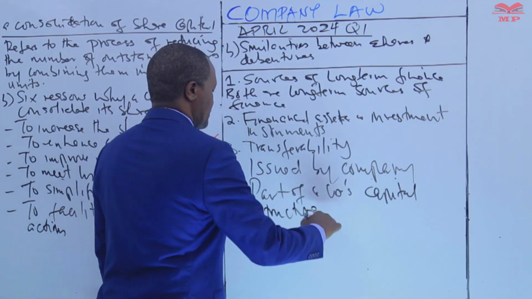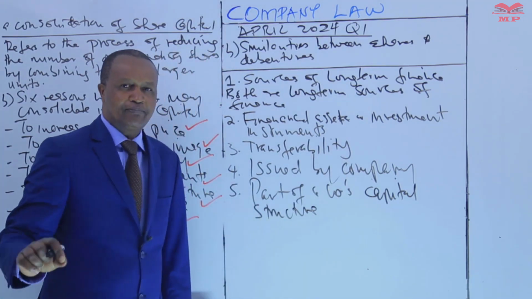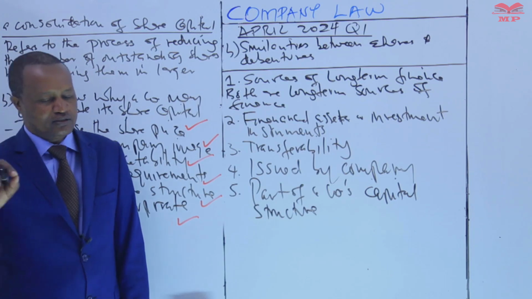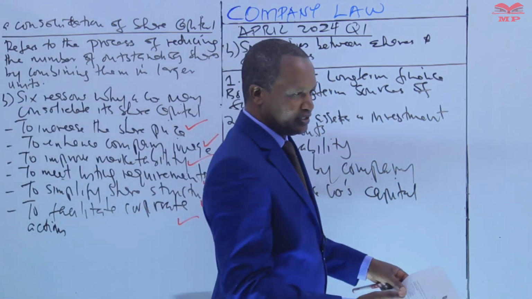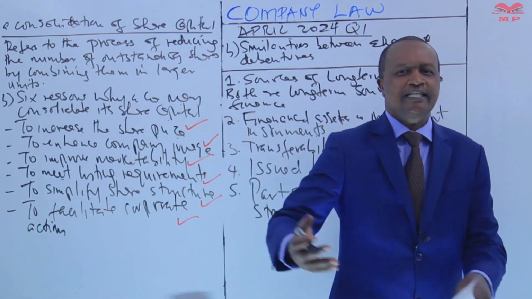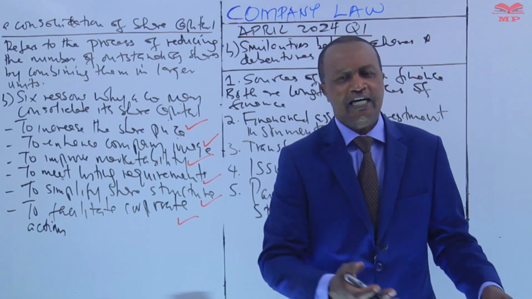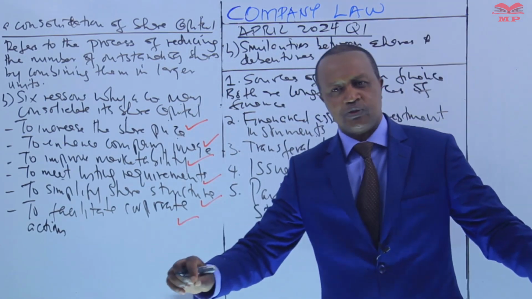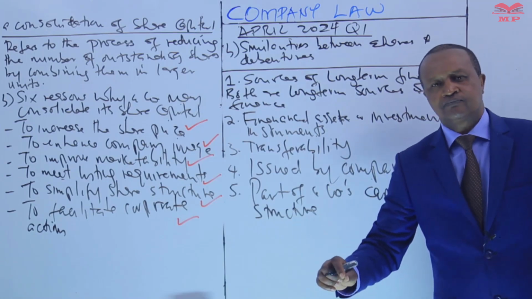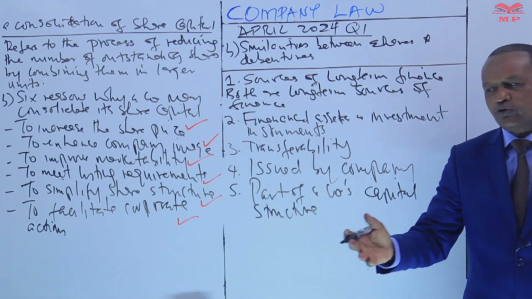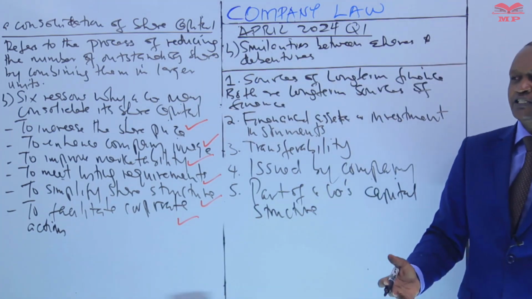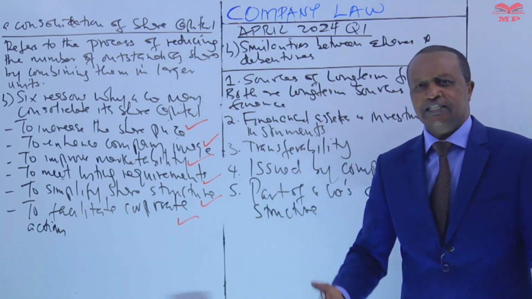Both are part of a company's capital structure. Both debentures as debt and shares as equity form part of a company's overall capital structure, representing the mix of debt and equity that finances companies.